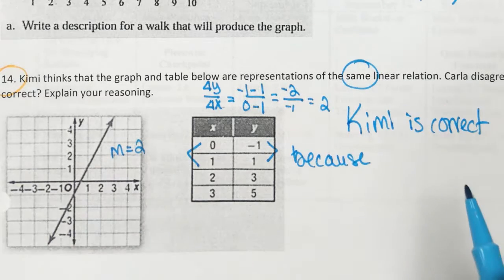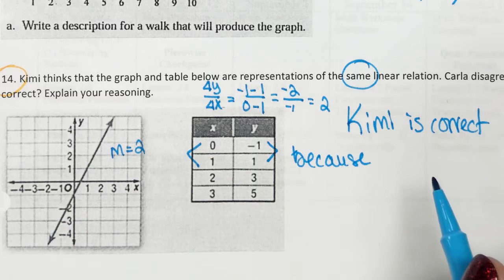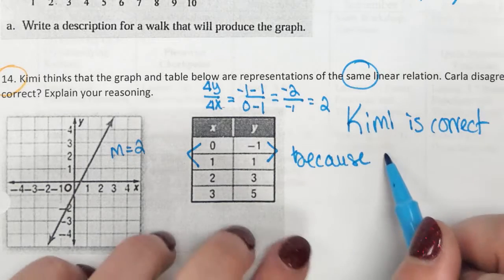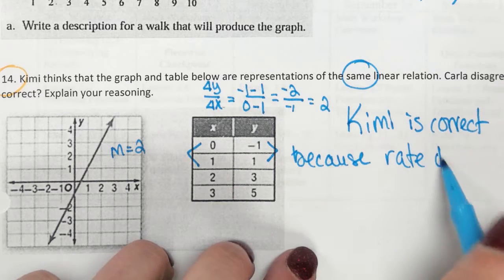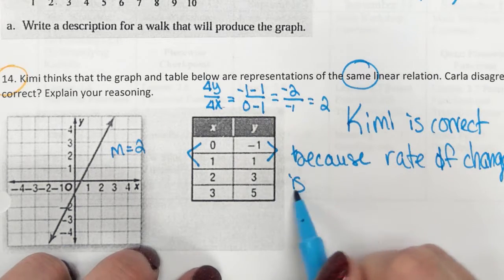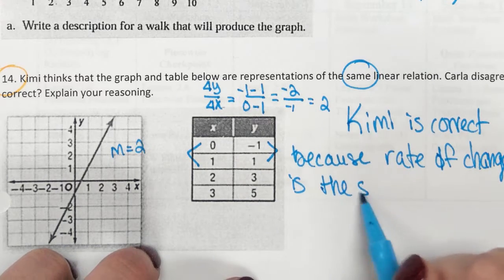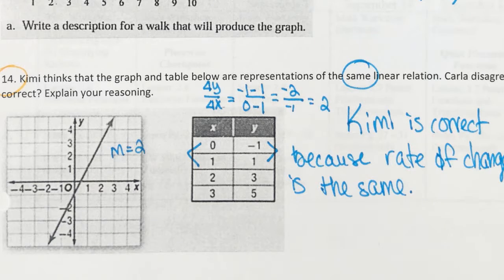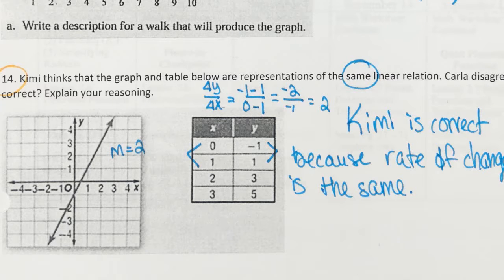Because why? There you go, because the rate of change is the same. But not only does the rate of change have to be the same, what else has to be the same for them to be the same line? What specific point?